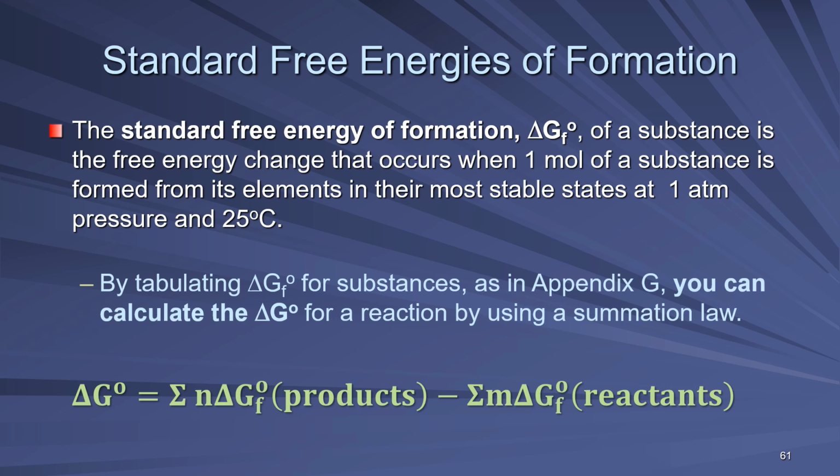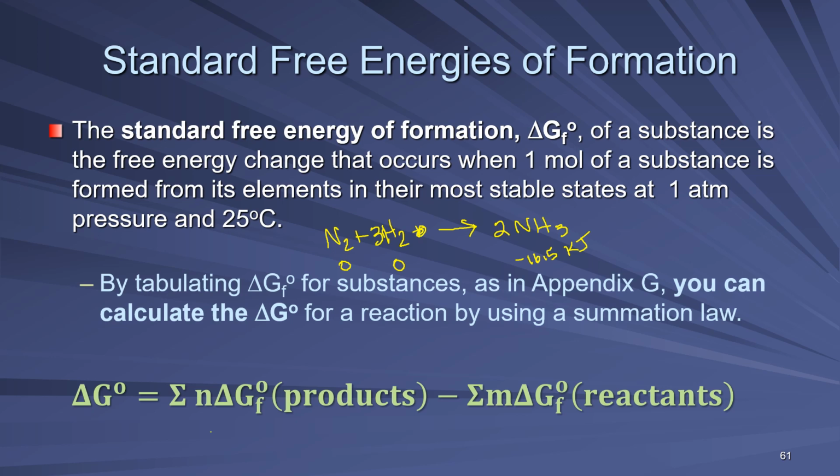Let me write it up here. We had N2 plus 3H2 gives us 2NH3 gas. If you look all these up, delta G for N2 is 0, for H2 is 0, and if you looked up NH3, it'd be negative 16.5.